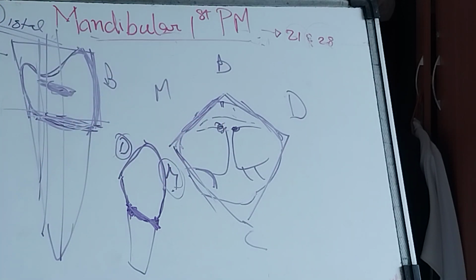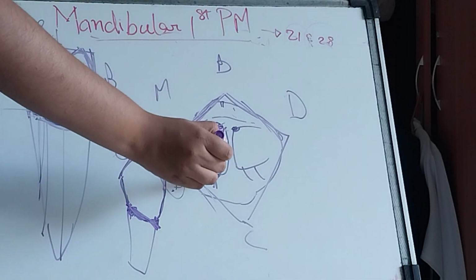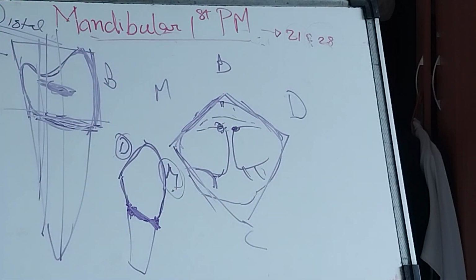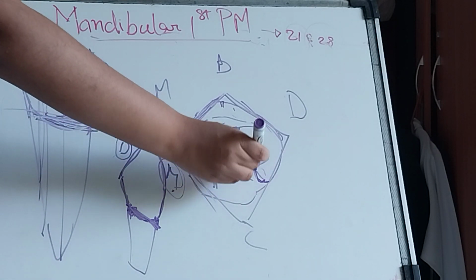The occlusal surface has two depressions, distal and mesial fossa, irregular in form. Over here there are depressions which are the mesial and the distal fossas. The mesial fossa is more linear in form and it forms the mesial developmental groove. The distal fossa is more circular and contains the distal developmental groove, that is crescent shaped, like a moon.